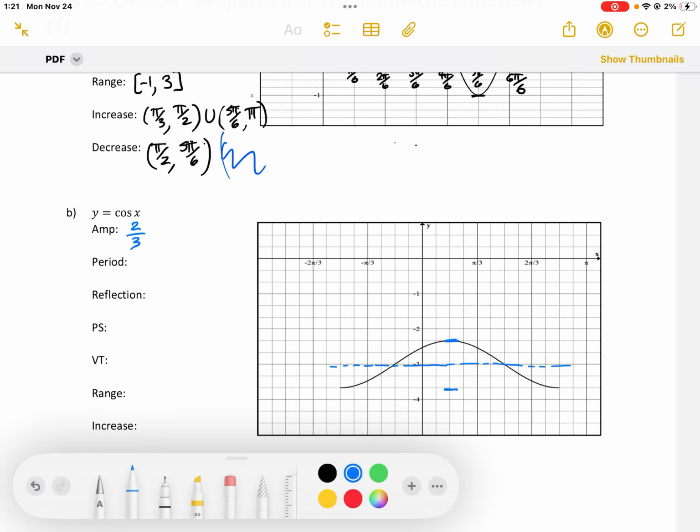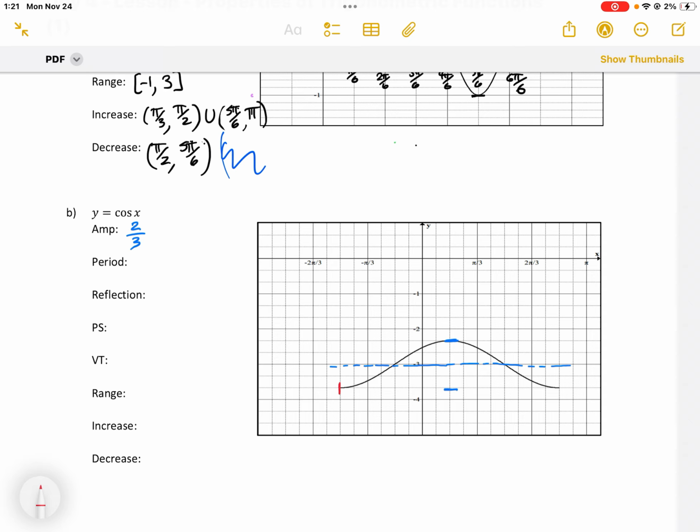The period is going to be the distance from my beginning value right here over to my end value, which looks like here. Now we're doing it in thirds. So this is like minus pi over 12, minus 2 pi over 12, minus 3 pi over 12, then minus 4 pi over 12, which would be a third.